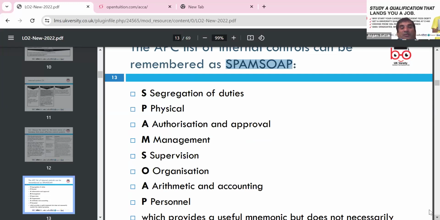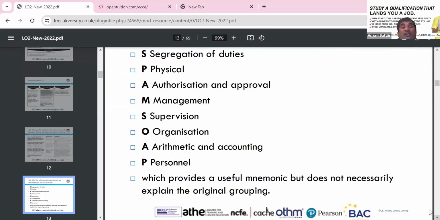Management is designing an environment to achieve the organization's objectives. If you are managers, your process is designing an environment to achieve the pre-selected objectives of the organization. Supervision: how do we supervise, what sort of organization structure, responsibility and role? Arithmetical and accounting records: do we have personnel records?